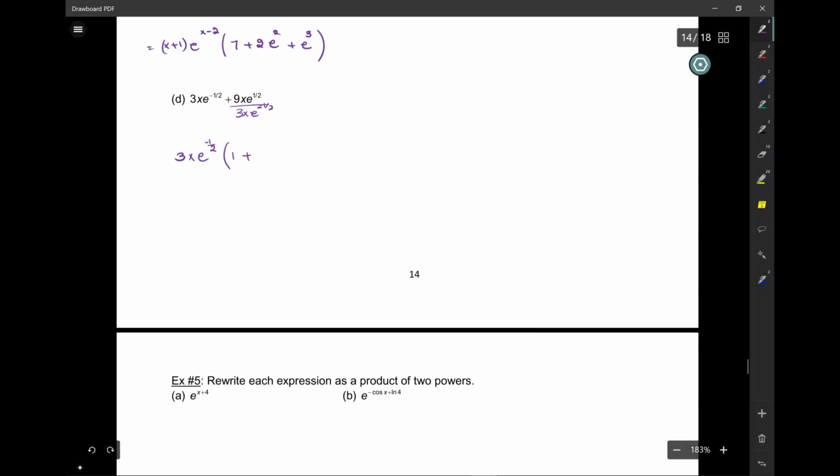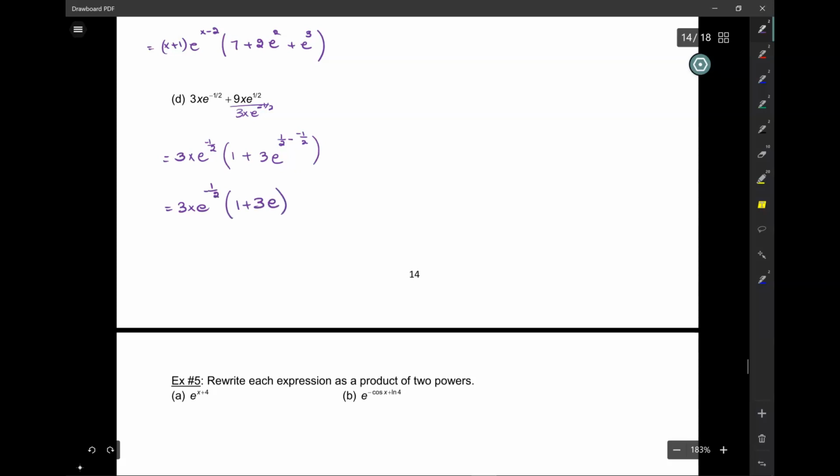So here I have 3 e to the 1/2 minus negative 1/2. So it's just 1. So I have 3x e to the negative 1/2, 1 plus 3e.